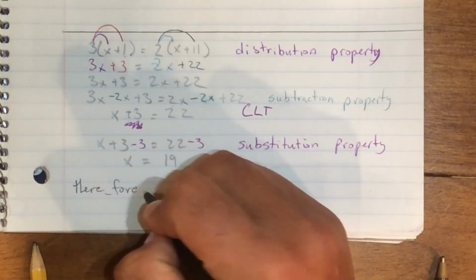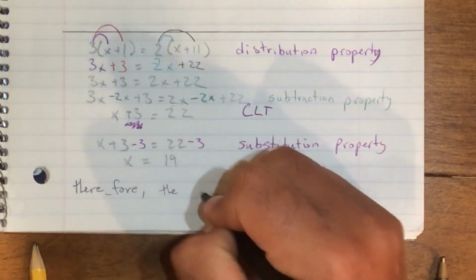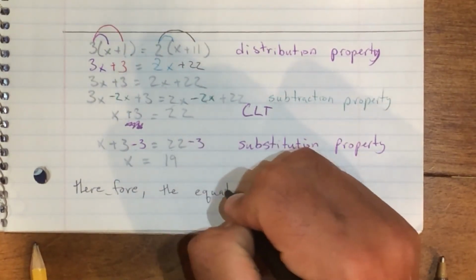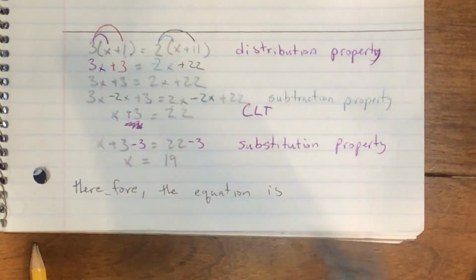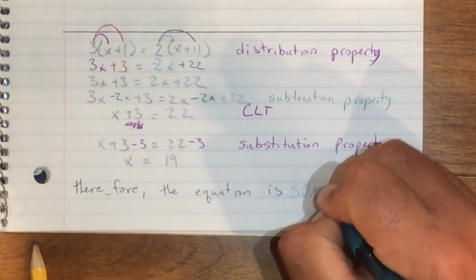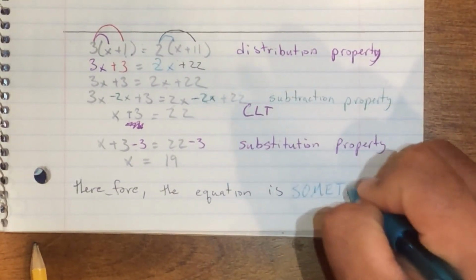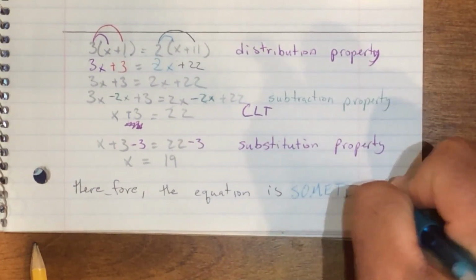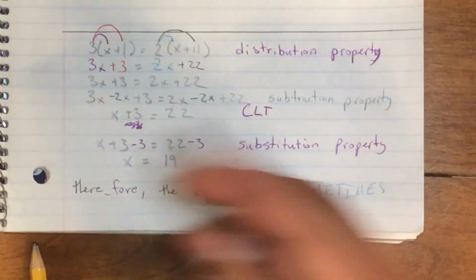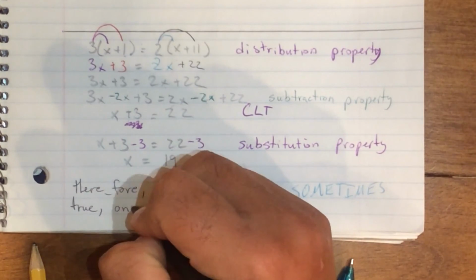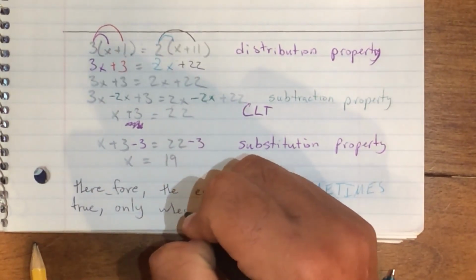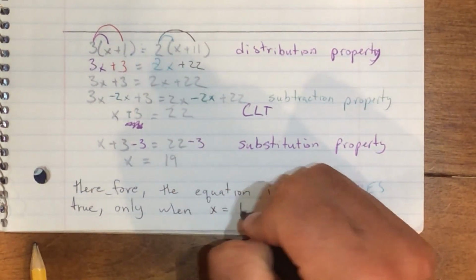Therefore is one word, comma. The equation is sometimes true, comma, only when x is equal to 19.